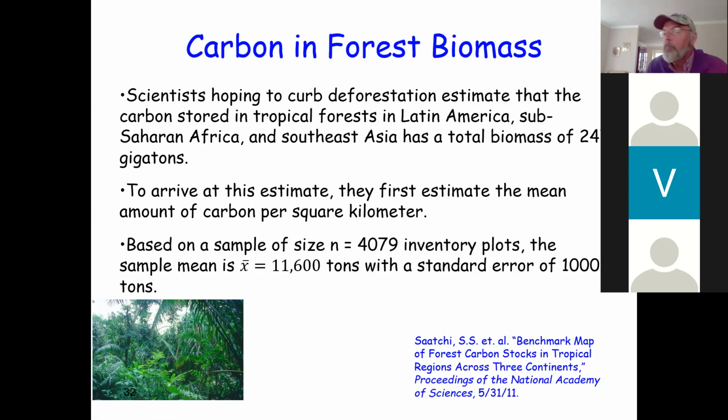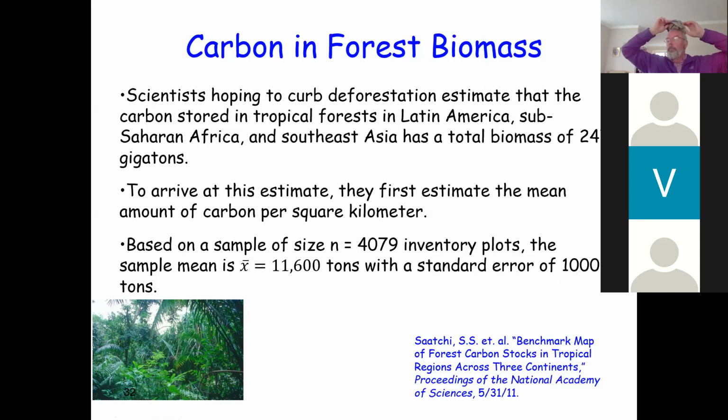Based on this sample size, 4,779 different plots were chosen. So the sample size is really, really large. We have a sample mean of 11,600 tons and the standard error is 1,000 tons.